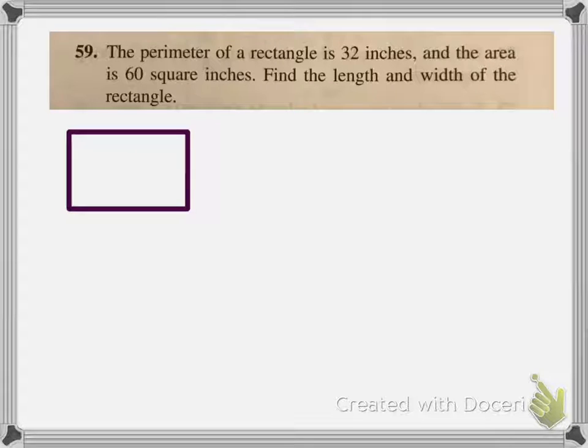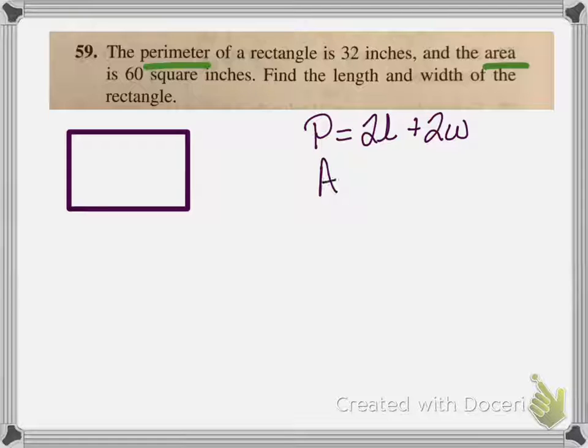Okay? Now, it talks about perimeter and it talks about area. Okay? I know that the perimeter of a rectangle is 2 times its length plus 2 times its width. I also know that the area of a rectangle is length times width.